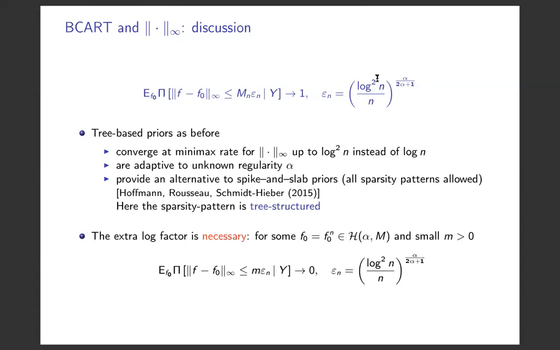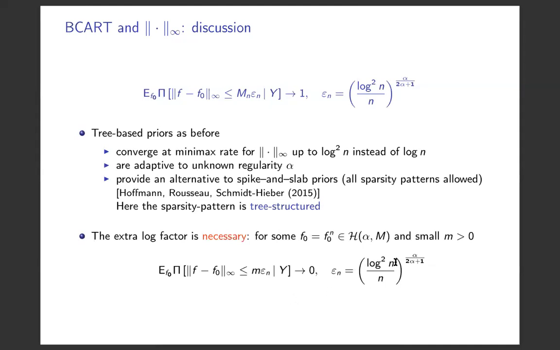And here you may wonder whether the log square is because we were not careful enough in the proofs, and it turns out it's not the case. You can show, at least with the priors we considered here, that this log factor is necessary and you have a lower bound type result for the posterior.